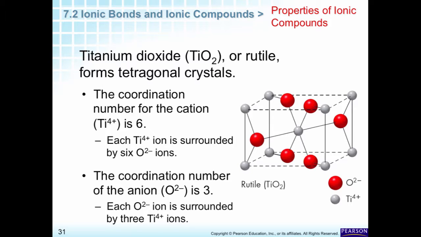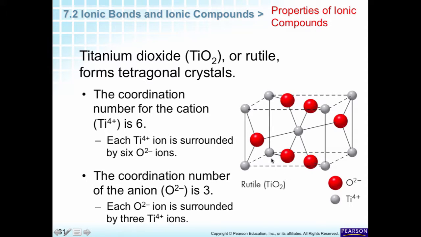Okay, titanium dioxide. If we look at titanium, it is our gray one. Okay, if we look at our gray one here and look at how many red ones it has: 1, 2, 3, 4, 5, 6 red ones. All right.